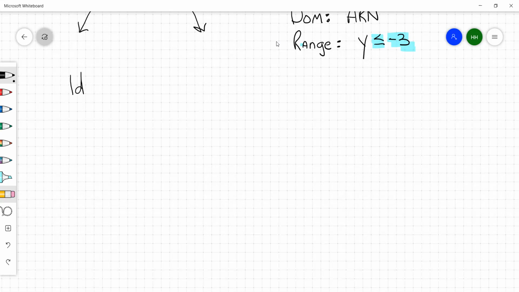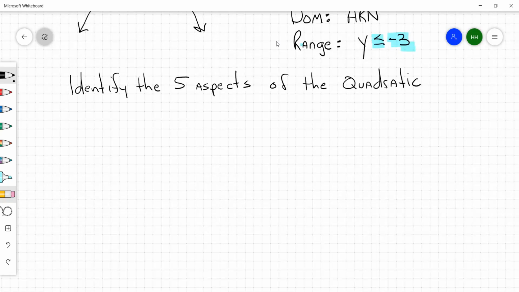So we are going to identify the 5 aspects of the quadratic and I'm going to graph it.